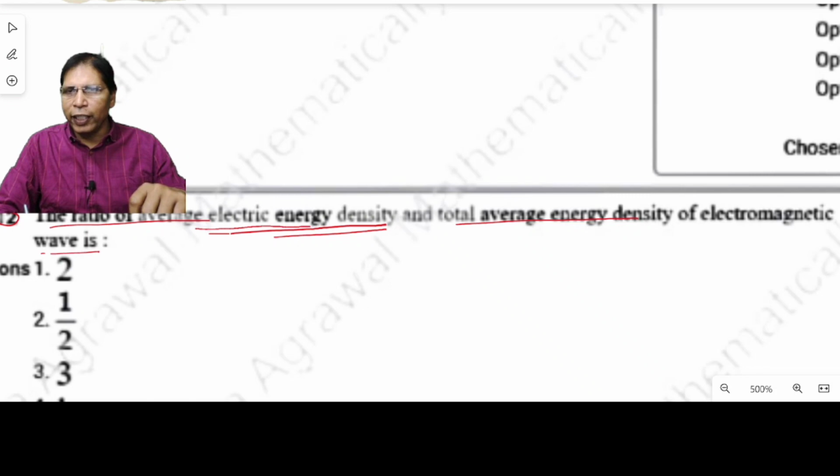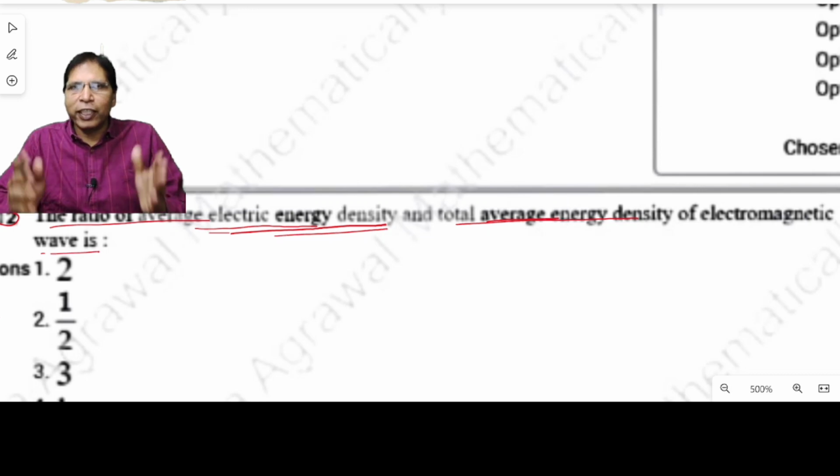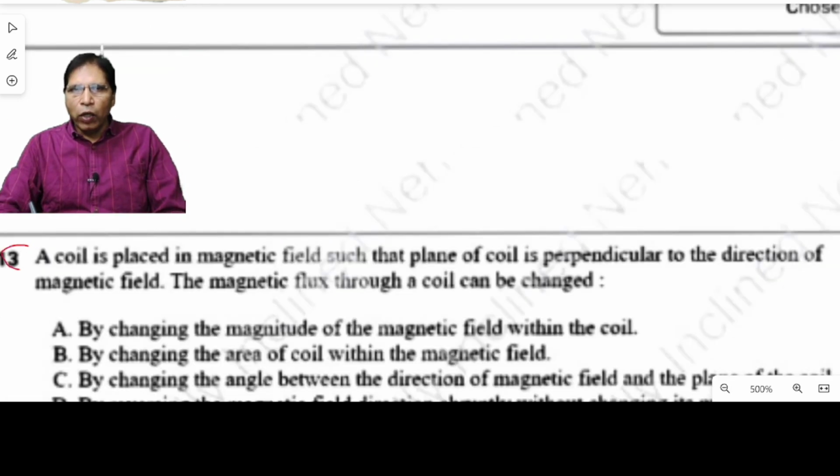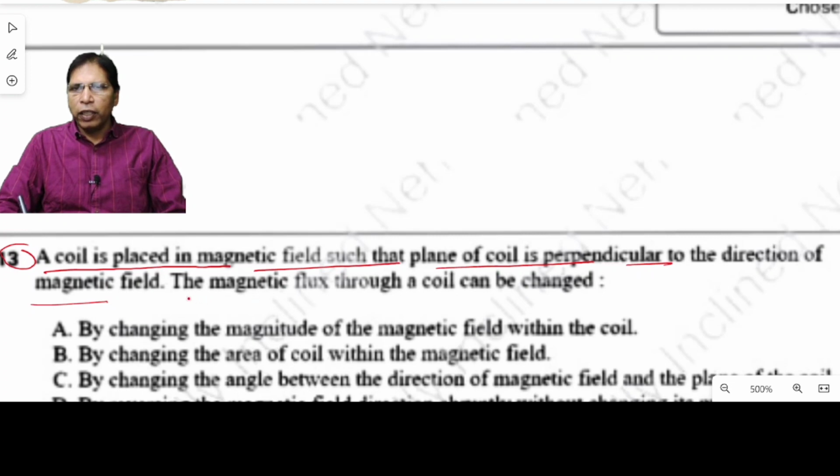So the energy density in the electric field is half of the total energy density. So look at this, option 2 is correct. Okay. Now question number 13. A coil is placed in a magnetic field such that the plane of the coil is perpendicular to the direction of the magnetic field. The magnetic flux through the coil can be changed by changing the magnitude of the magnetic field.